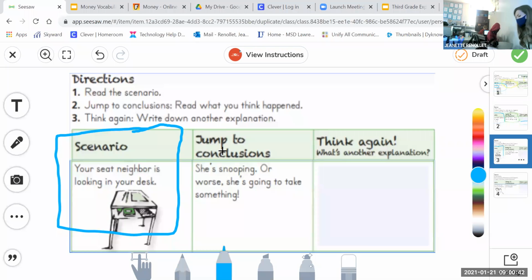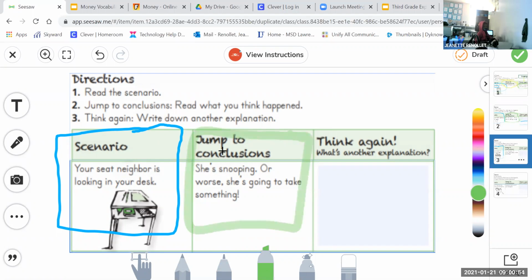So maybe they're walking over and they're looking at your stuff. You might jump to conclusions. You might say, she's snooping, or worse, she's going to take something. You might jump to a conclusion without knowing the facts.